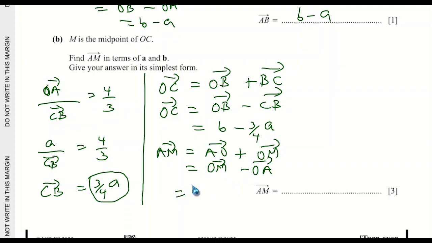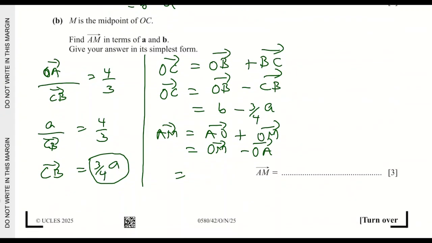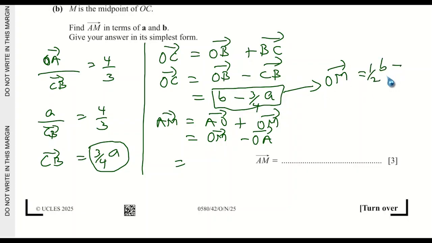Then if you substitute the values, OM will be half of OC. So OM is half of OC. Half of this is going to be 1 over 2B minus 1 over 2 times 3 over 4A. That is 3 over 8A. So that will be OM.